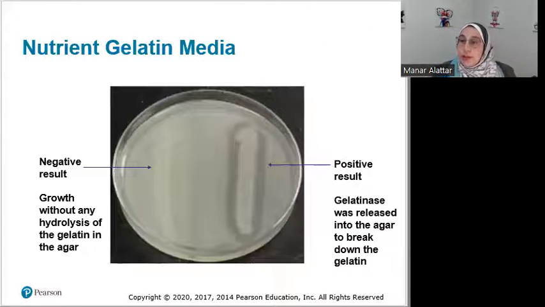Another differential media that we'll use in the lab is gelatin agar or gelatin media, where we use a slightly modified test that's in a tube, but the idea is similar. Organisms can grow on this media because it does have complex nutrients in it, but the ones that utilize gelatin, because we add gelatin to the media, will have a halo around them because they've digested or hydrolyzed that gelatin.